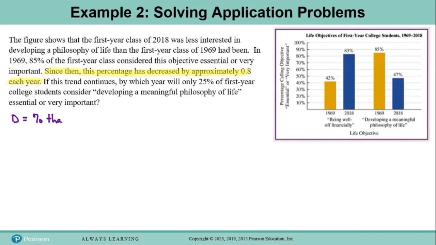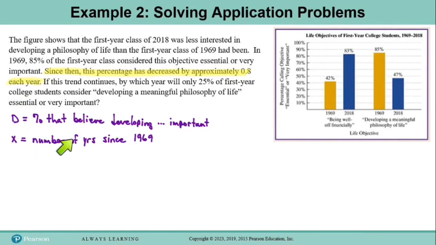So let's let the variable d represent the percent. So this will be the percent of first-year college students who believe that developing a meaningful philosophy of life is essential or very important. And then let's just let the variable x represent the number of years since 1969.